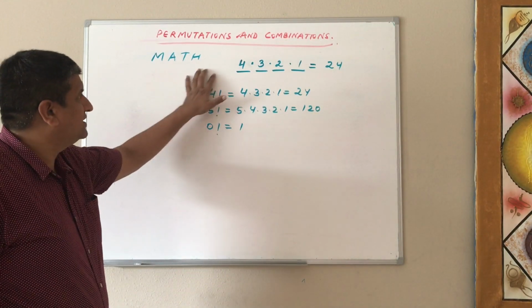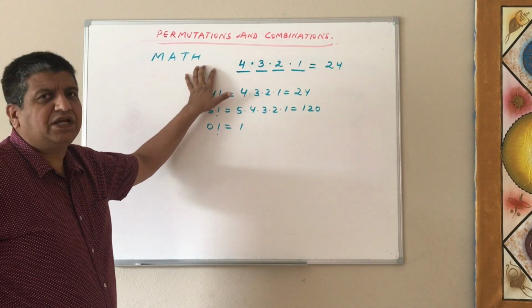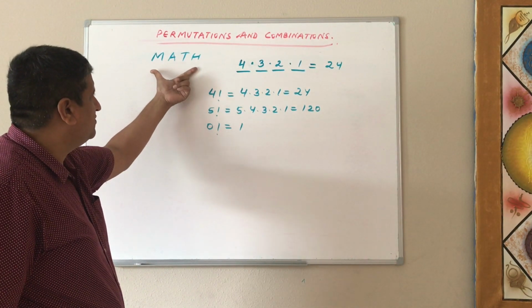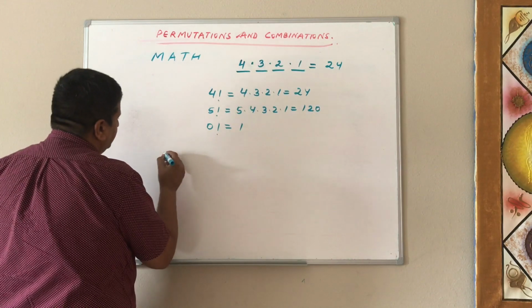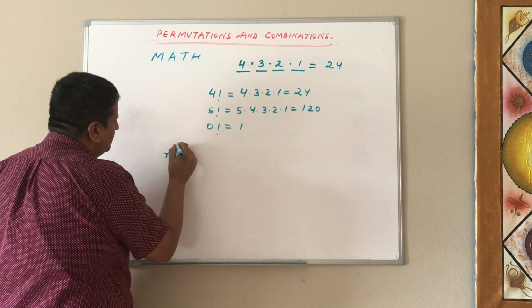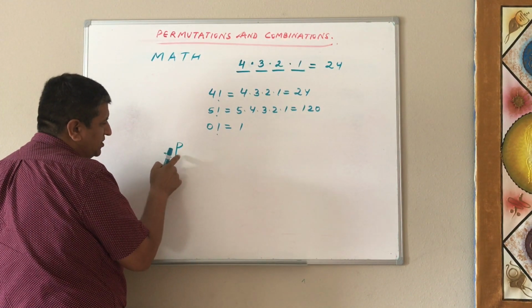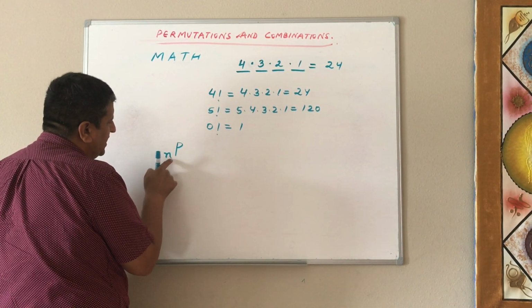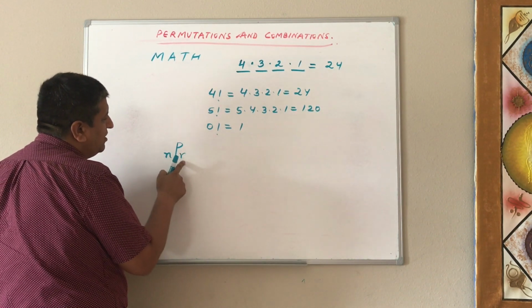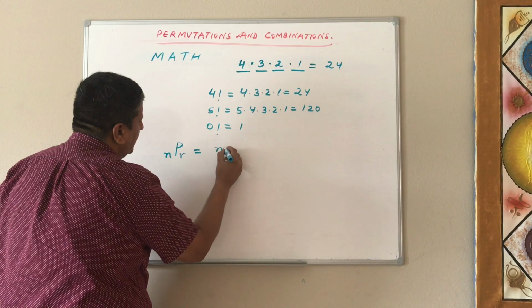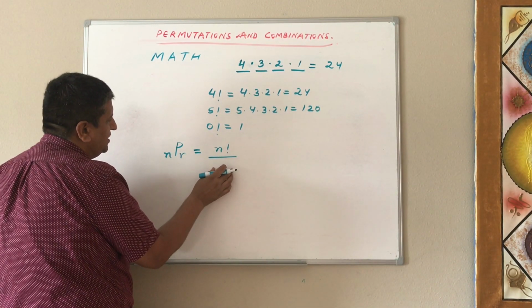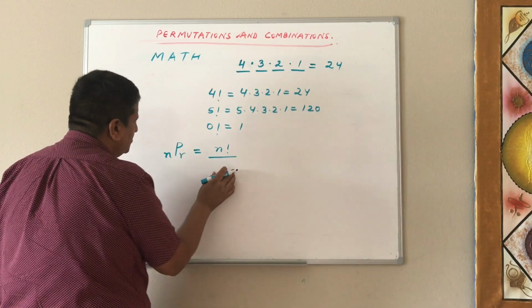Now this fact can also be represented in the permutation formula like this. If you have n objects and you want to pick r of them, this is the symbol for permutation, but we read it like this: n pick r. You can write it as n factorial divided by the number of things that you do not need.